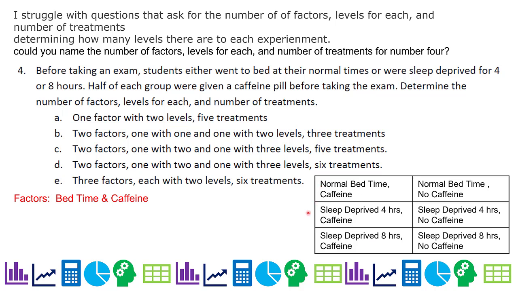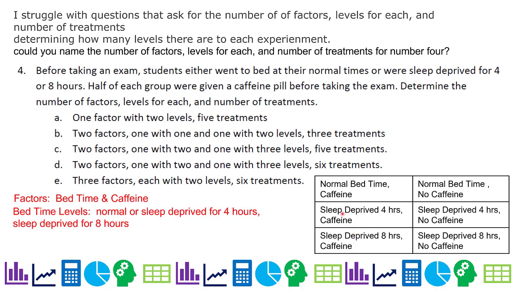So the bedtimes are the top one, and then the second factor basically is caffeine or no caffeine. All right. So again, then we look at the bedtime levels. We have normal, we have sleep deprived for 4 hours, and we have sleep deprived for 8 hours.